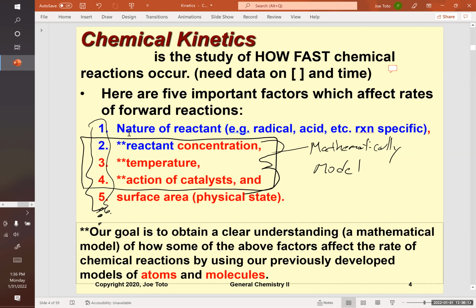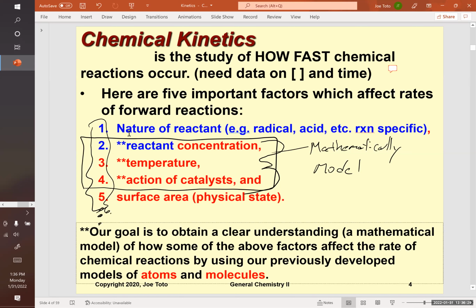When I say model, I mean it's going to reflect experimental data that has been taken, but also experimental data that could be taken in the future.